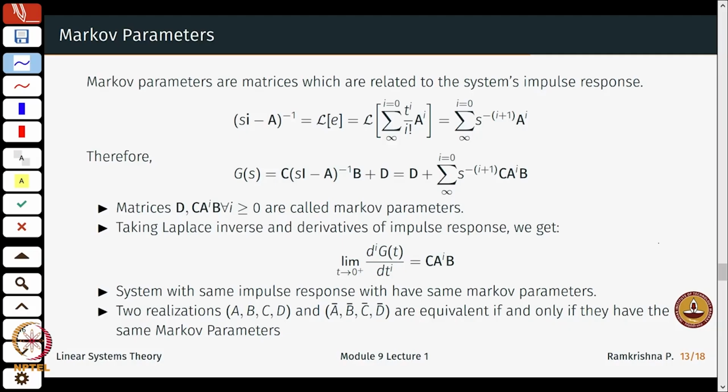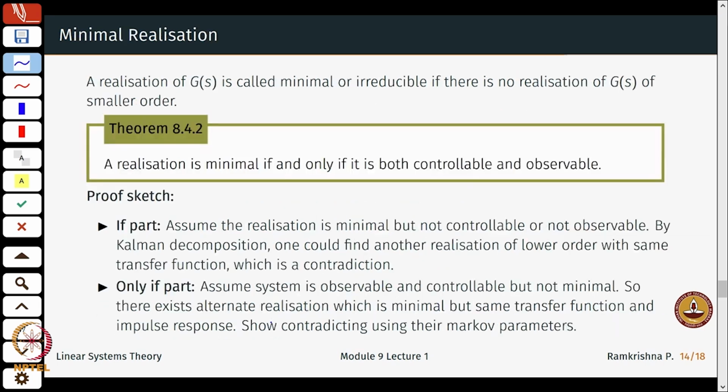These two realizations, denoted by (A, B, C, D) and (A bar, B bar, C bar, D bar), are equivalent if and only if they have the same Markov parameters. I will not do the proof of this, but we will use this relation to prove results relating to the minimal realization.